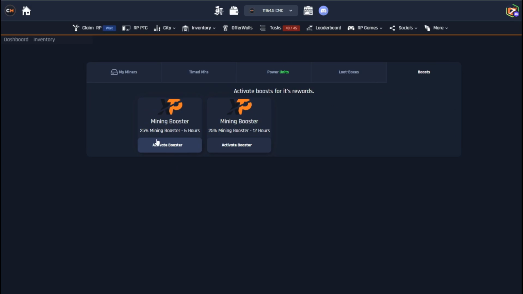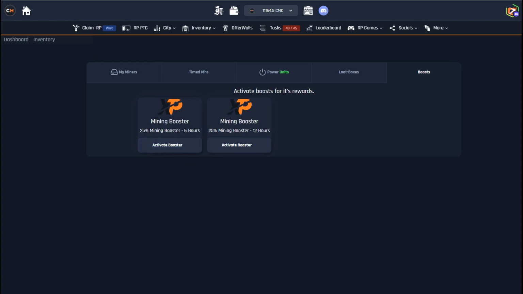So we can activate a 6-hour boost, and we can activate a 12-hour boost. So that gives us 25%. I'm not sure if you can use multiple ones. So what I would probably suggest, until I find out, because I don't know if you would be able to stack them, because I'd click that and then click that. Essentially that's 18 hours at 25%.